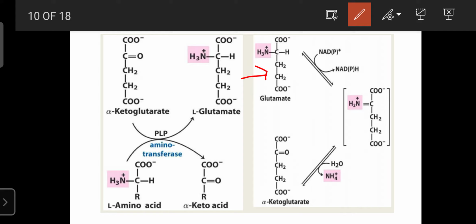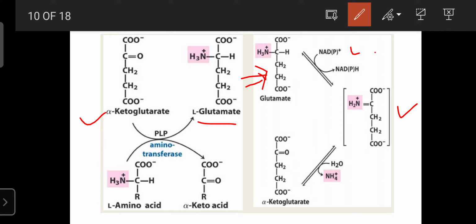That's why both transamination and deamination reactions occur simultaneously. In transamination, in the presence of aminotransferase and PLP, alpha ketoglutarate is converted into glutamate. Then this glutamate enters oxidative deamination in the presence of the glutamate dehydrogenase enzyme, utilizing the coenzyme NADP or NAD.